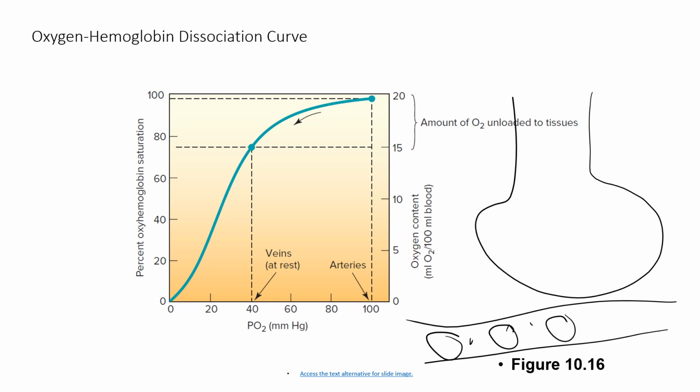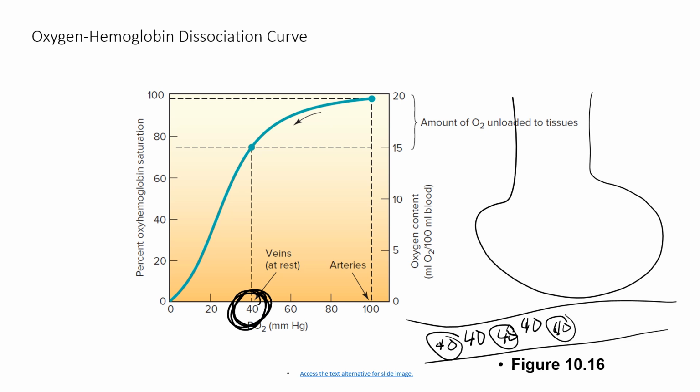Okay, let's ask ourselves, first of all, what's the partial pressure of oxygen within the blood plasma of deoxygenated blood that's traveling past this alveolus? Well, the partial pressure of oxygen within the blood plasma of this deoxygenated blood traveling through the pulmonary capillary past the alveolus in this example is 40 millimeters of mercury. That's right here. Okay, 40 millimeters of mercury. That means the partial pressure of oxygen within the intracellular fluid of the red blood cells is also 40.